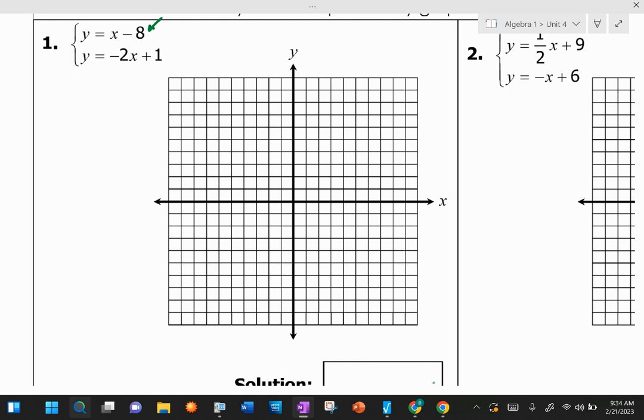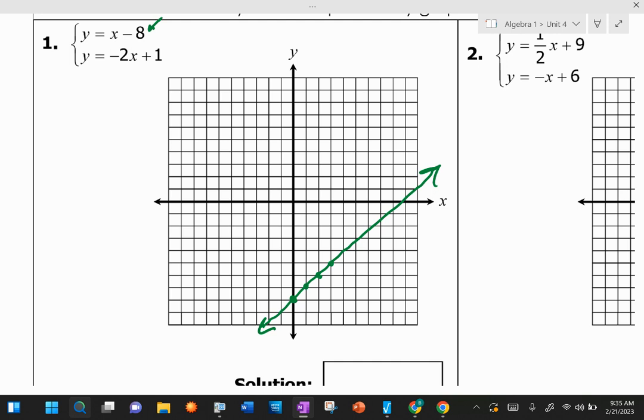So I'm going to go 1, 2, 3, 4, 5, 6, 7, 8. Draw my point. My slope, because x is by itself, the coefficient of x is what? 1. So 1 over 1, boom, boom. I'll just do a few dots so that I can get a graph that's relatively close to straight.